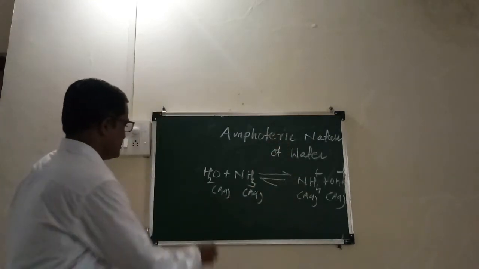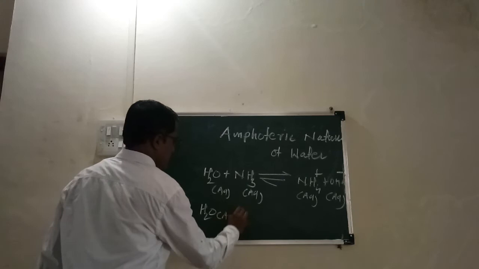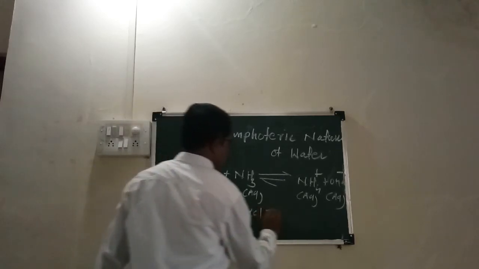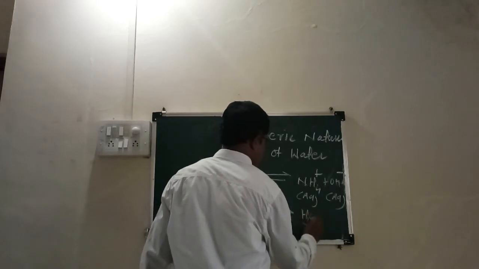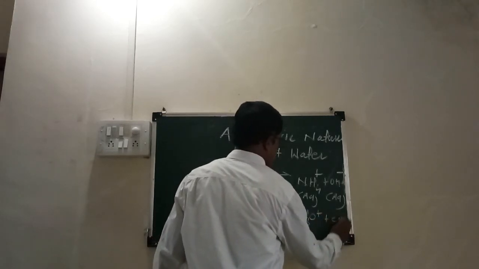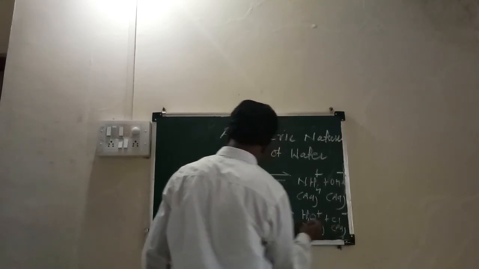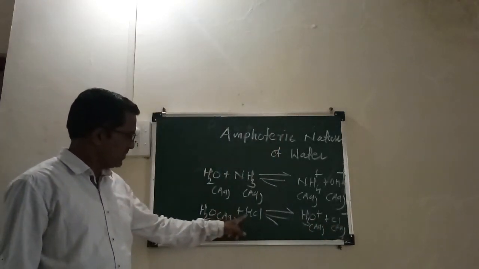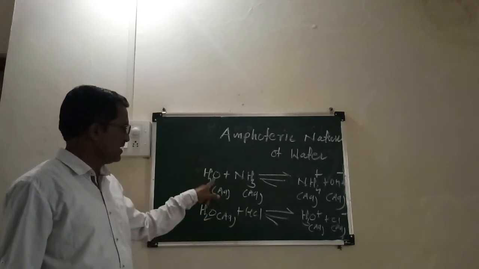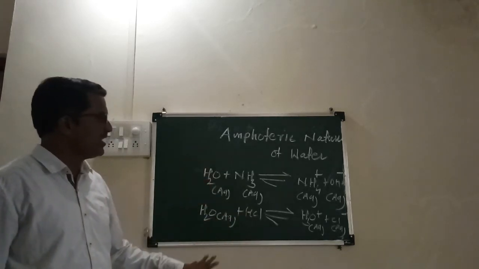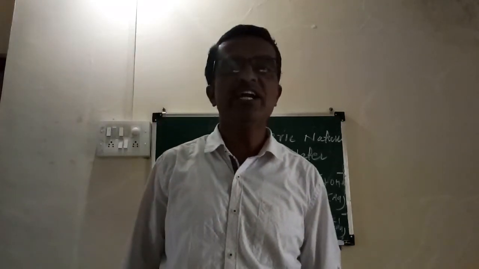Now take another example, H2O when it reacts with HCl gives H3O plus Cl minus ion. In this example, water can accept a proton from the HCl and therefore it is a base, and HCl is the acid. Such dual nature of water is known as the amphoteric nature of water.